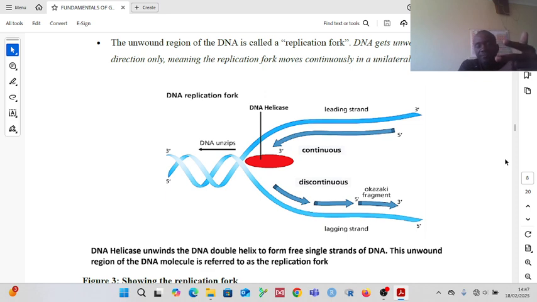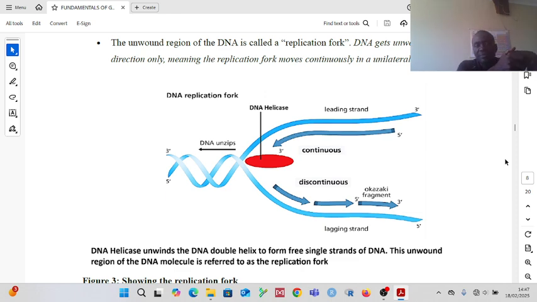So it will get to an area where you have something like a fork, because there are sections which are still bound together, still double-stranded, but there are other sections that are already single-stranded because the hydrogen bonds have been cut open.